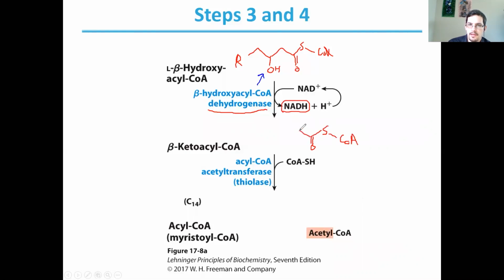So we still have our thioester, but now we have our ketone. So it's a beta-ketoacyl-CoA. Again, this would be our alpha site, and this is our beta. And we have that ketone at that beta position.